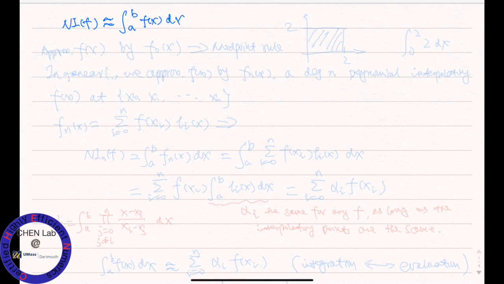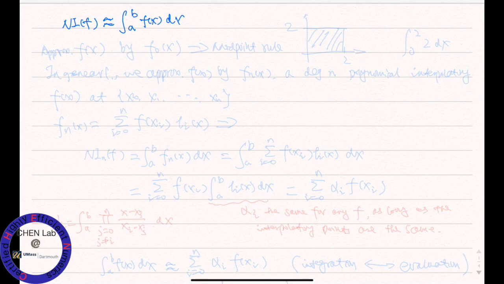We take the midpoint, we take the function value at that point, remember? By evaluating the area of the rectangle, what we are actually doing is integrating the constant function. I hope you see that. If you're integrating a constant function, you're just calculating the area of the rectangle.